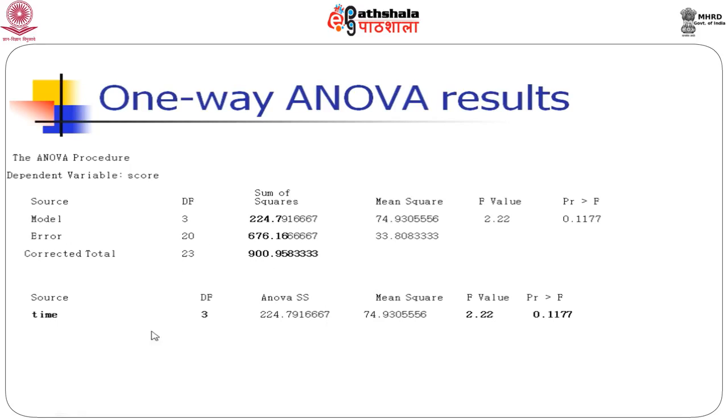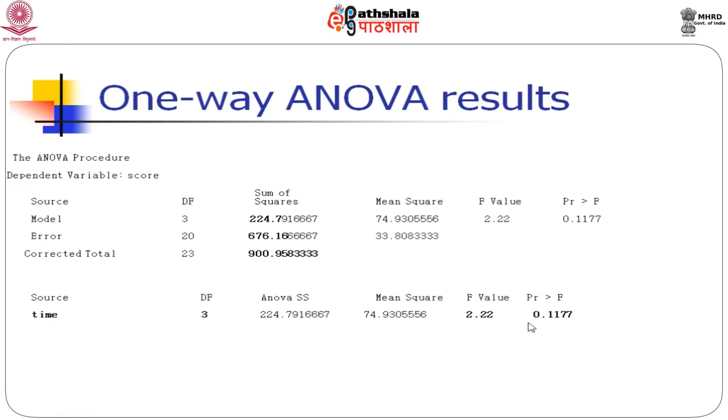Because in the ANOVA table we are now able to consider 4 time points, the SS due to time gives you 3 degrees of freedom, and this 224 just computed can be compared with the error degrees of freedom, and that is also an insignificant value.